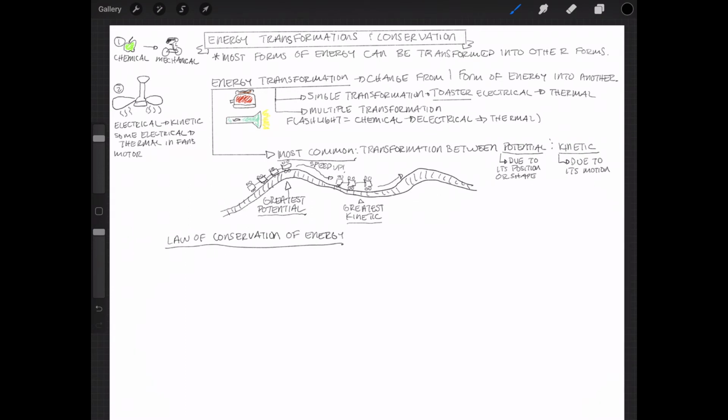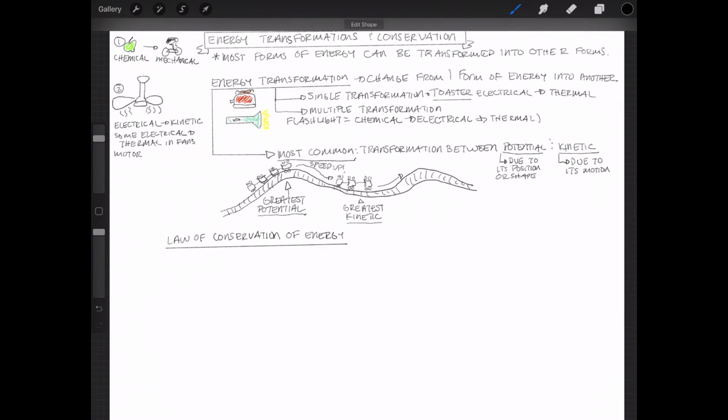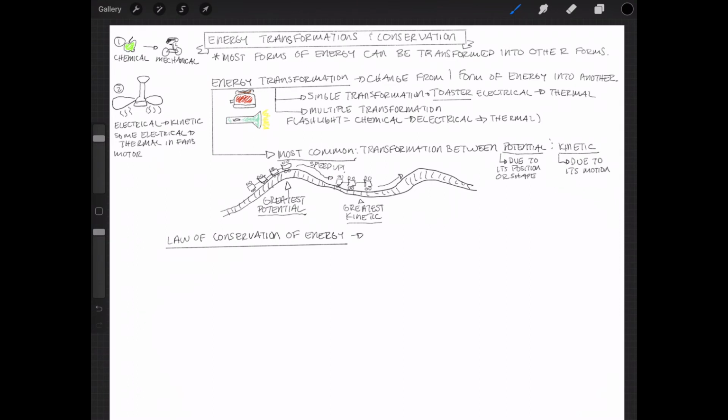And can any of you remember what that law means? Right, it is that energy cannot be created or destroyed. Right?